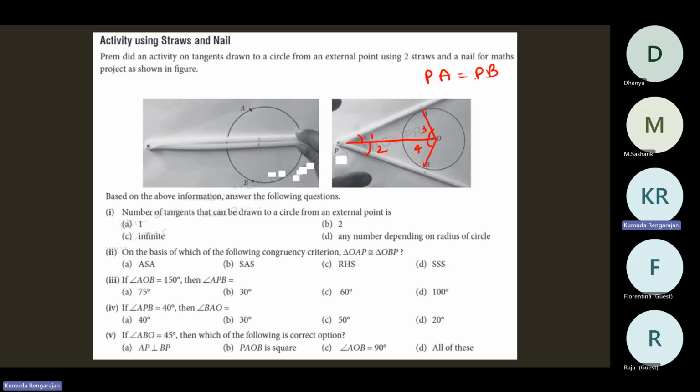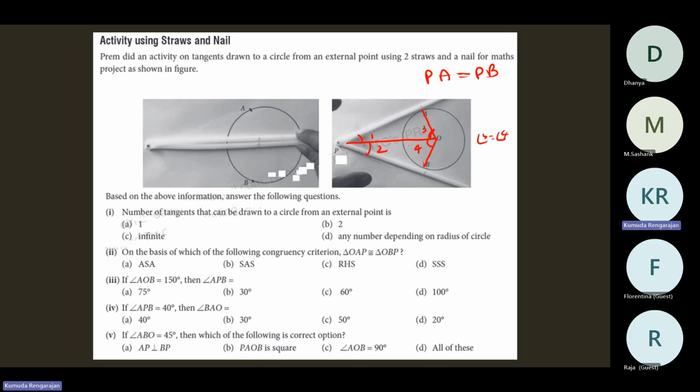Only when we know this, after this we understand that equal tangents are equally inclined to the line segment joining the center and the external point. That is, angle 1 is equal to angle 2. And we also understand that equal tangents subtend equal angles at the center. So angle 3 is equal to angle 4.